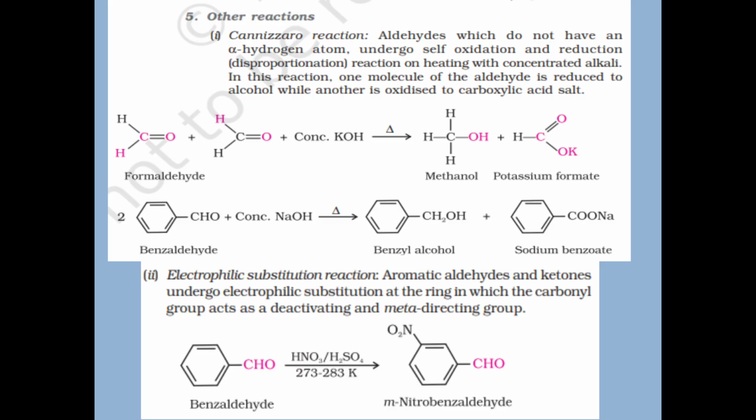That is, if we take 2 moles of formaldehyde and give 50% NaOH solution, it will produce one molecule of sodium formate and one molecule of methanol here. If we give benzaldehyde in presence of concentrated NaOH, it will form one molecule of benzyl alcohol and one molecule of sodium benzoate.